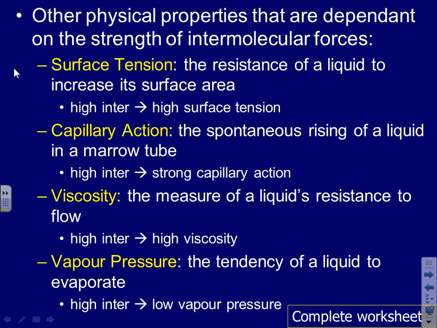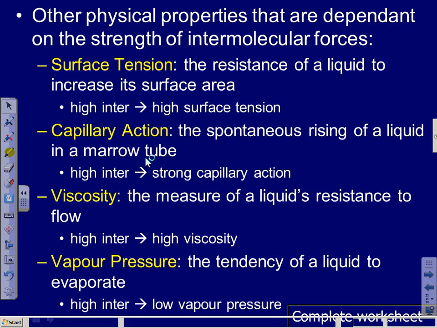With London, you're essentially counting electrons. With dipole-dipole, you're looking for the delta EN. And with hydrogen bonding, you're looking for those specific examples where hydrogen is bonded to nitrogen, oxygen, or fluorine. Okay, that's that.